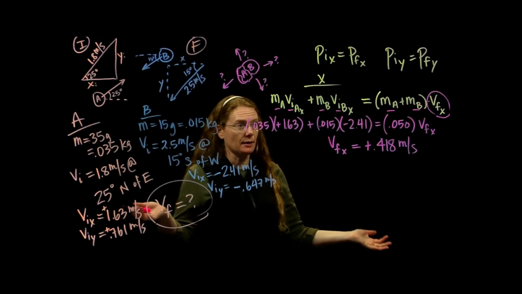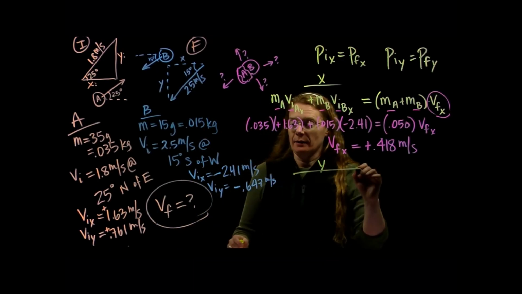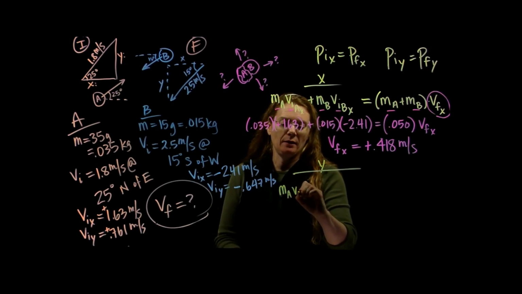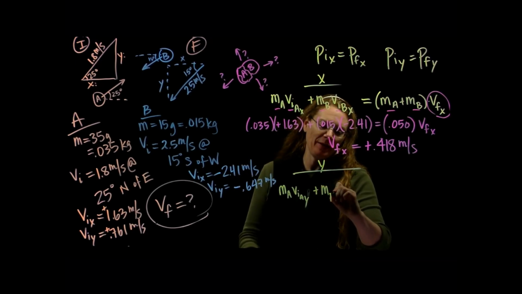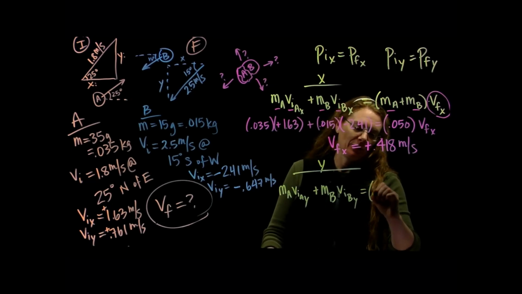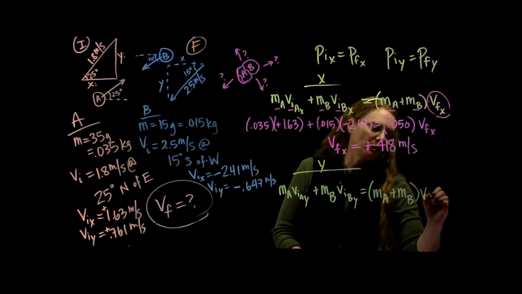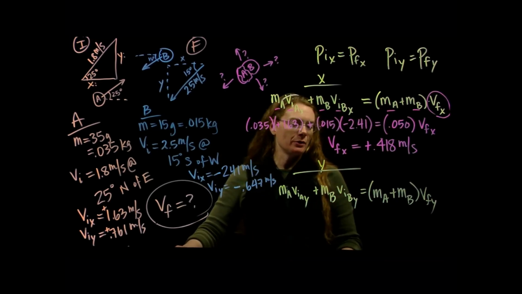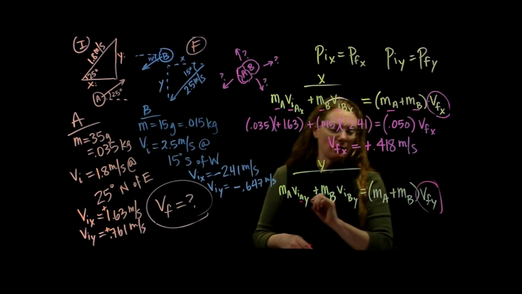I'm going to do exactly the same thing in the y direction. So for the y direction, exact same equation. The mass of A, V initial A in y, plus mass B, V initial B in the y direction, equals the combined mass of my blob of clay, V final y. And here we go. We know the numbers for everything but V final y. So I can solve for that.